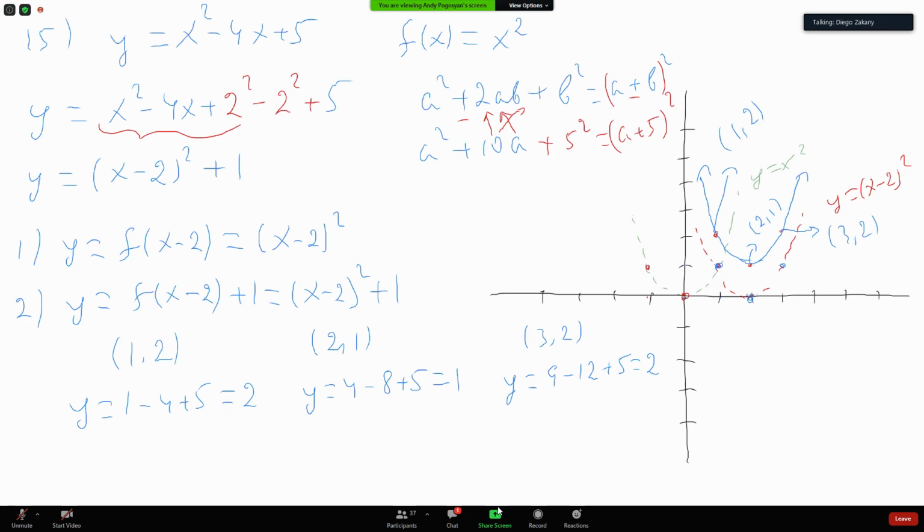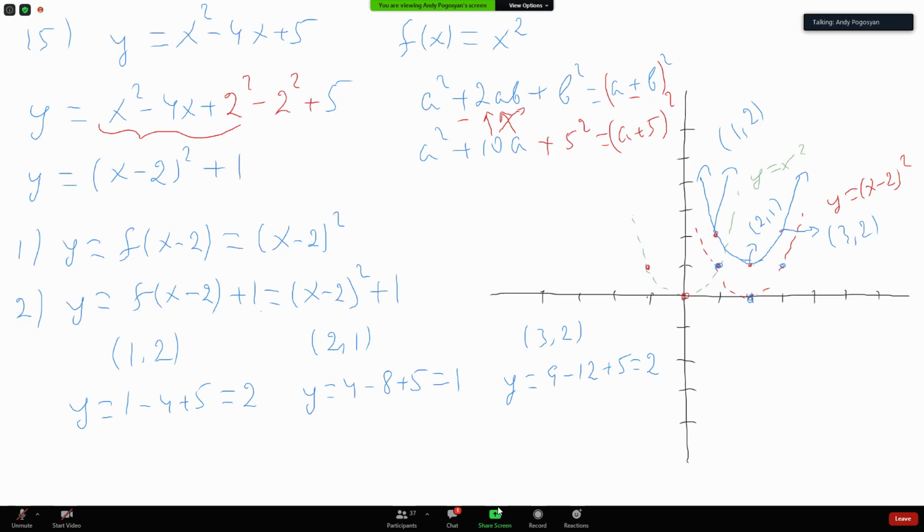May I ask what happened at stage 2 over here, number 2? It says y equals f of x minus 2 plus 1, right?